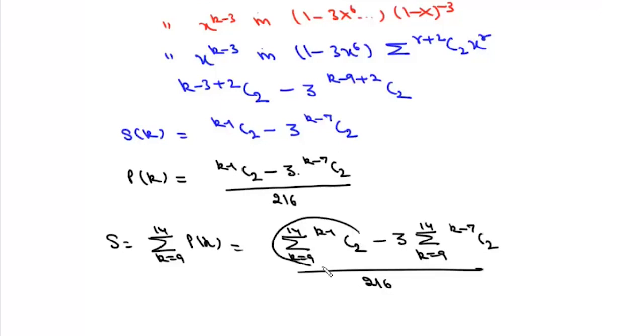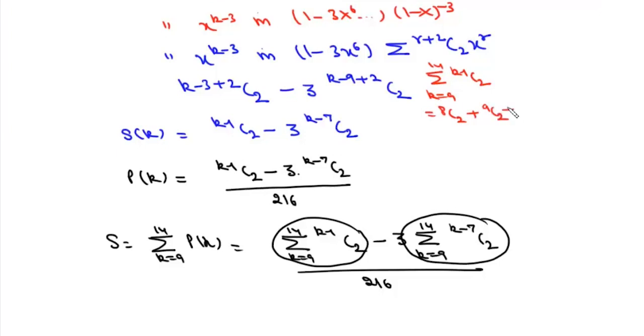Now we need to solve these two summations. If we look at the summation of k minus 1 C 2 where k varies from 9 to 14, basically it will be 8C2 plus 9C2 up to 13C2.